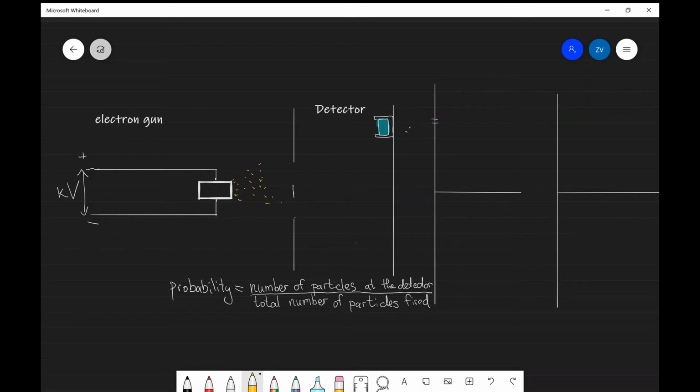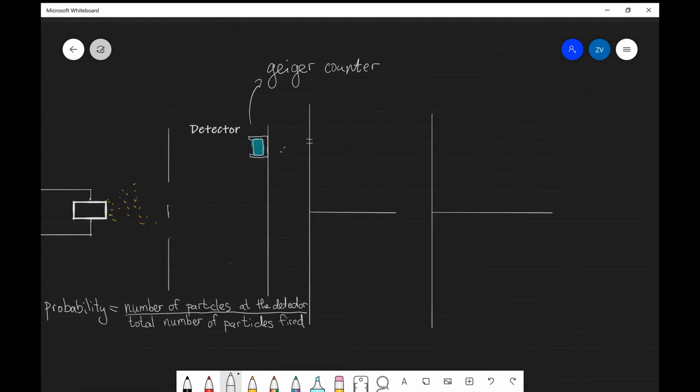Our detector in this case could be something like a Geiger counter, which could then be connected to a photomultiplier. That photomultiplier will increase the electrical signal, and then we can just connect it to a loudspeaker.